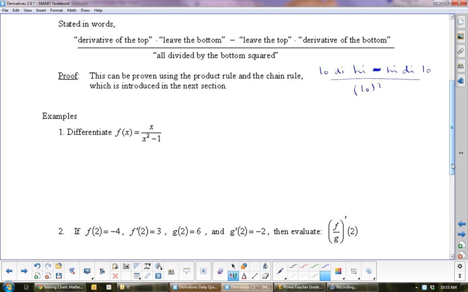Okay, so low would just be x squared minus 1, times the derivative of the high, which would equal 1, minus high times the derivative of the low, which is 2x, all over low squared.